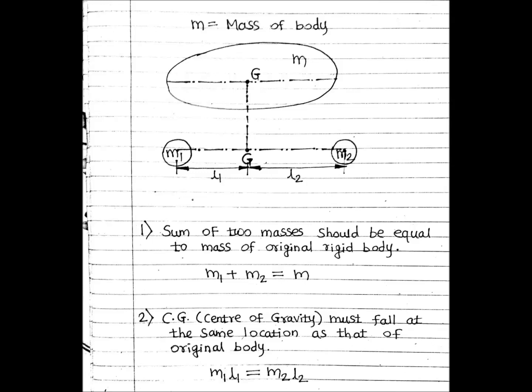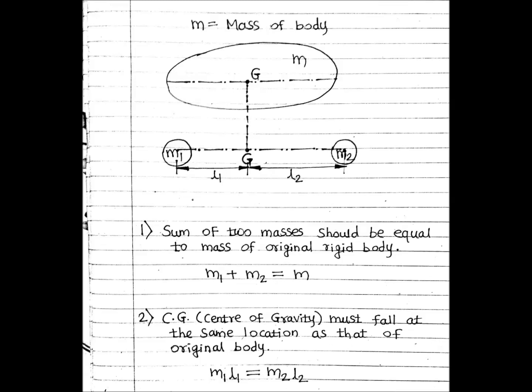Next condition which should be satisfied by the two mass system is that the mass moment of inertia of the two mass system should be equal to the mass moment of inertia of the original rigid body, and that mass moment of inertia is about CG.